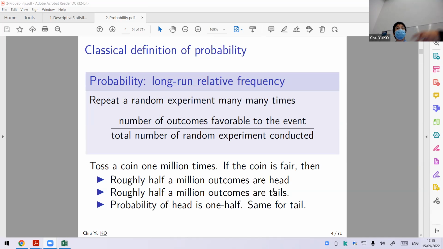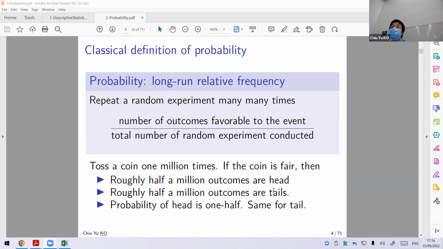They run a mathematical model, change some variables, and run it a million times, and 30% of those simulations lead to hitting Hong Kong, otherwise not. So it's still a kind of frequency idea, but the random experiment is not the real experiment. It's a computer experiment in their mind. It's related to this, but it's just a judgment.